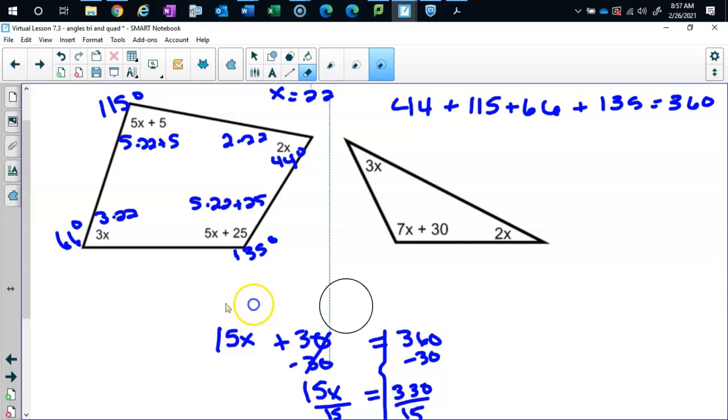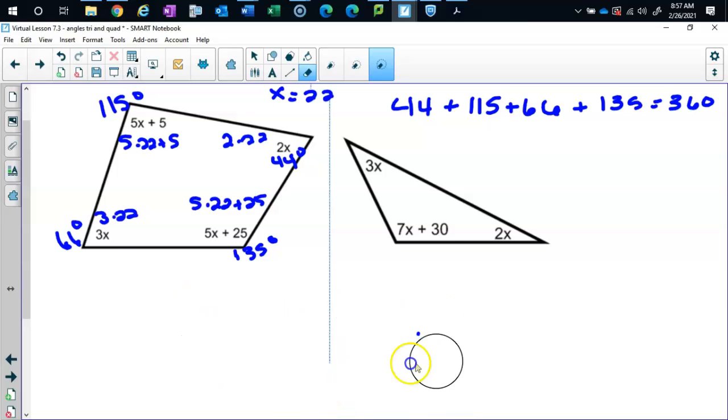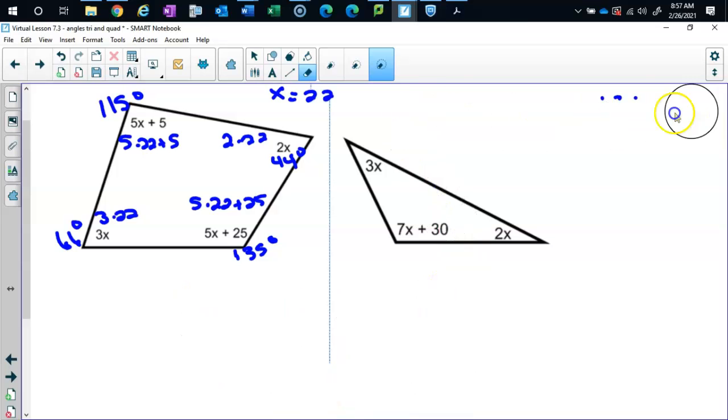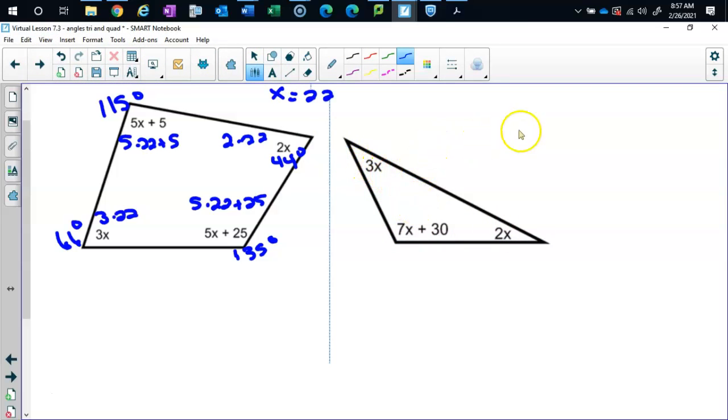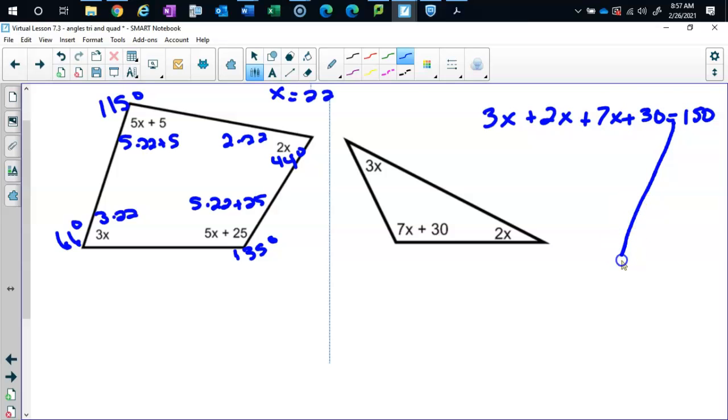All right, I'm going to erase this so I have room to work. This is a triangle. The three angles in a triangle add up to 180. So our equation is going to be 3x plus 2x plus 7x plus 30 equals 180. Draw our line down the middle.